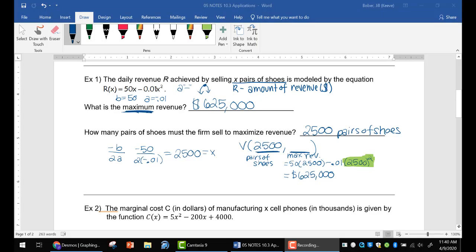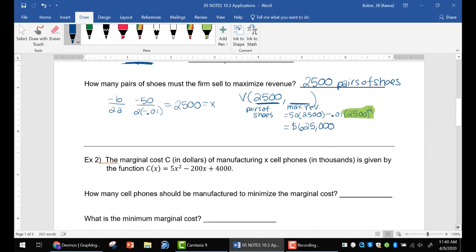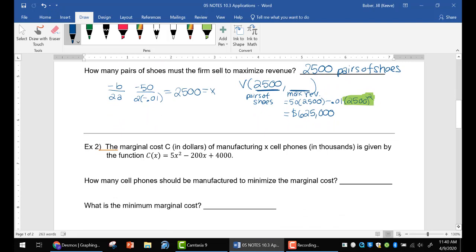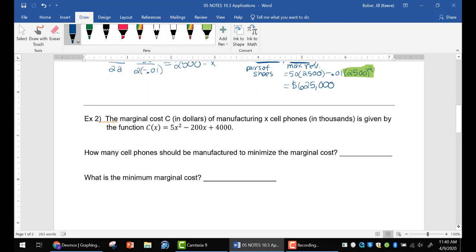All right, we're now going to use the Desmos technology to find that vertex. So in this problem, we're given the marginal cost, C in dollars, of manufacturing x cell phones in thousands, given by the function C(x) = 5x² − 200x + 4,000.